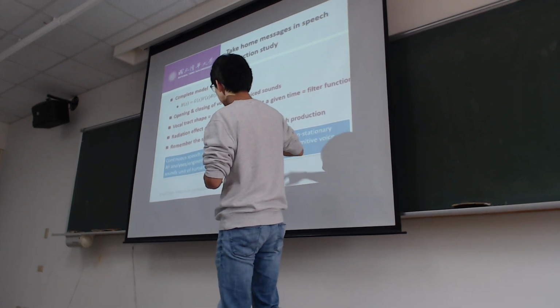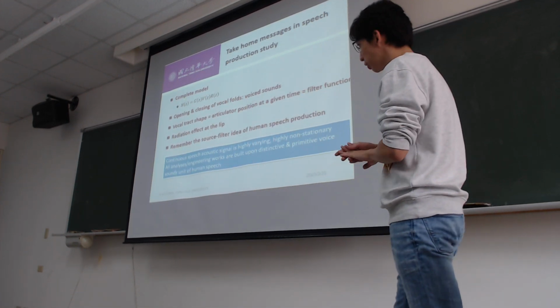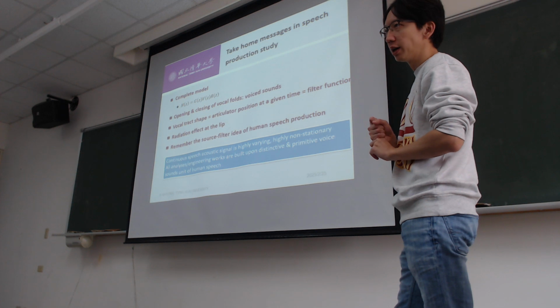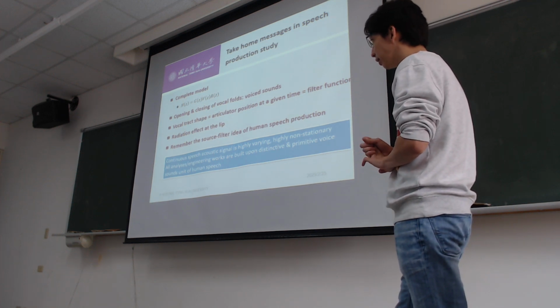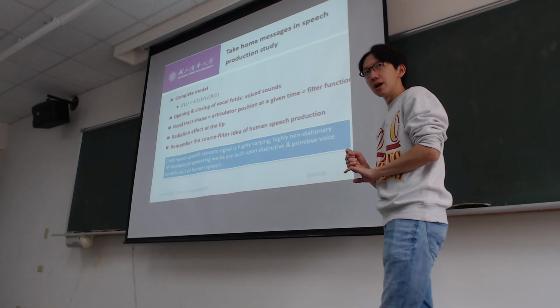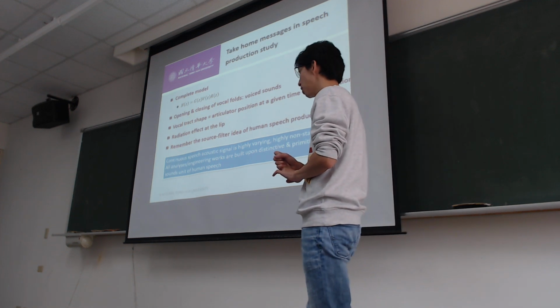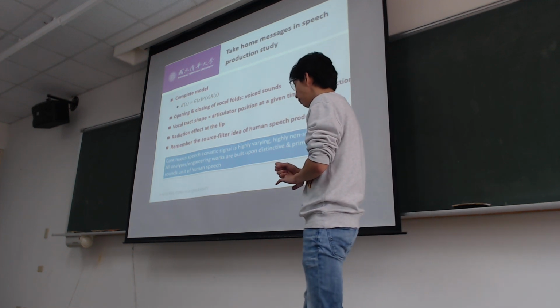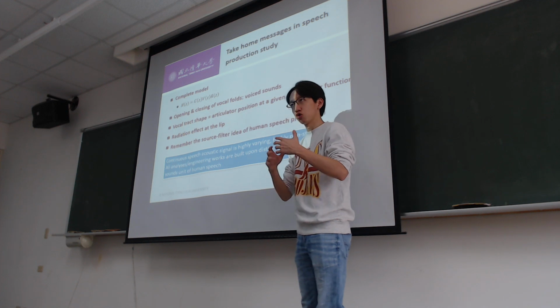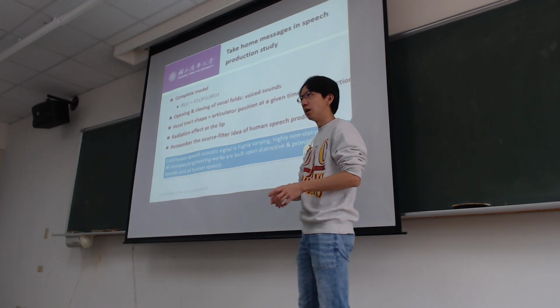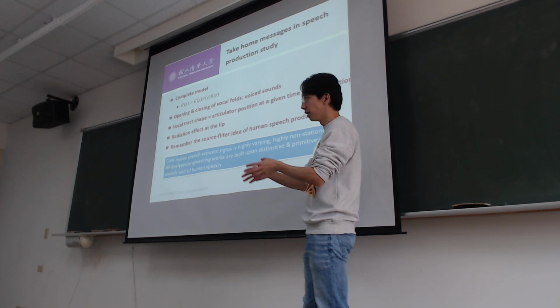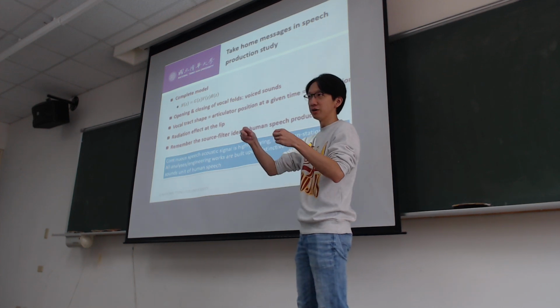So, the radiation effect. For the continuous speech acoustic signal, one key thing you want to understand is that it's highly varied, highly non-stationary. Okay, every analysis or engineering work that we're trying to do on this is built on a strong assumption that every sound unit of a language can be decomposed into a discrete set.